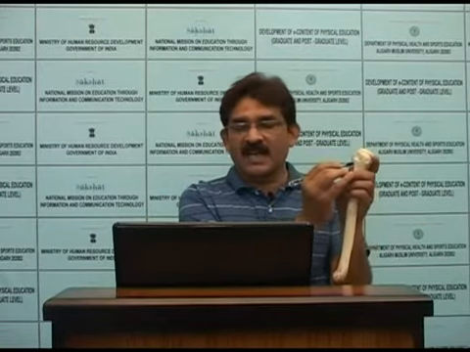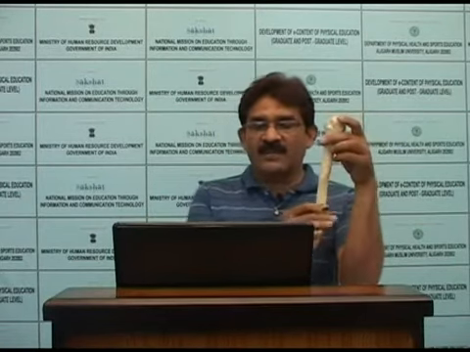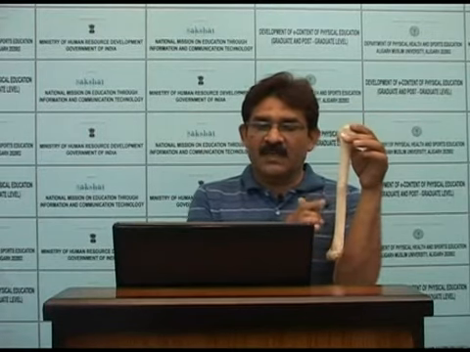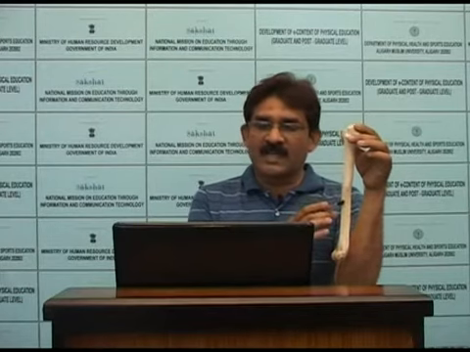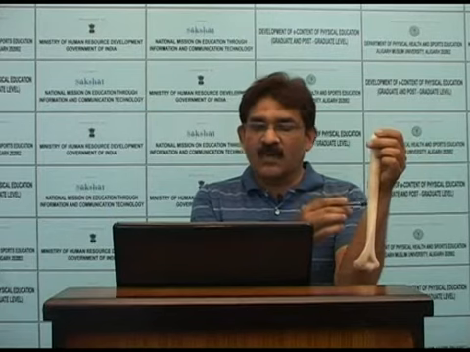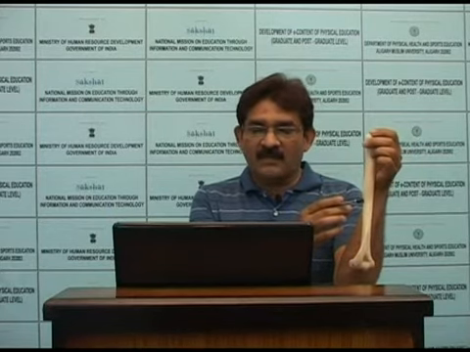The shaft has the deltoid tuberosity on the lateral part, and a groove for the radial nerve.